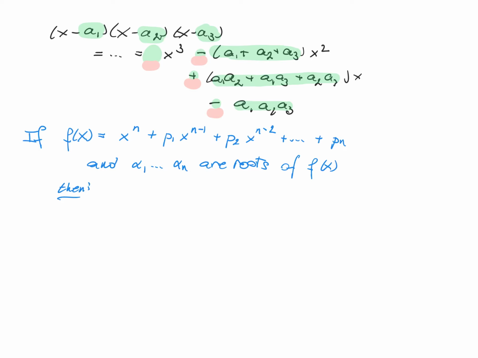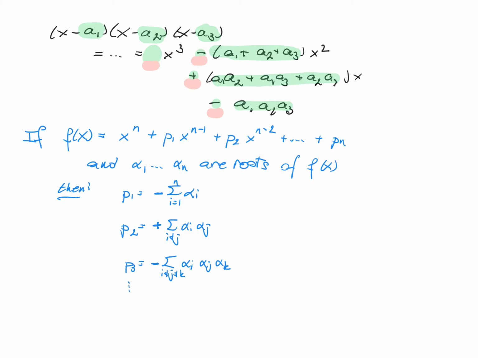then we see here from the previous example that p1 is the sum of all the roots, so it is the sum of alpha i, i is 1 up to n, but with a negative sign. p2 is a sum of multiplications, so it's a sum of alpha i times alpha j, where i and j are different, with a positive sign, so we have a plus. p3 again has a negative sign, and now we have a multiplication of 3 different roots, so alpha i times alpha j times alpha k, which are all different, and so on.